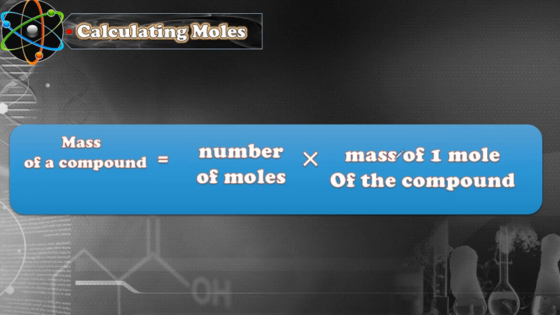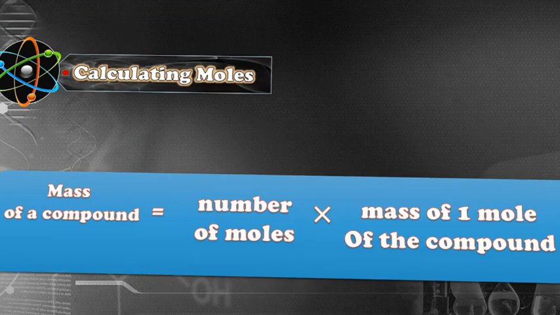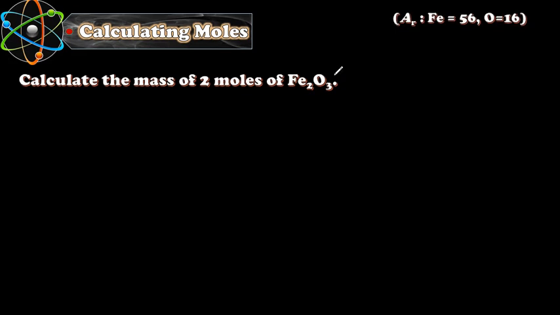Here you're going to calculate all the masses of the elements present in the compound. Here we have an example. In the first one we have 1 element only, magnesium or iron, but here we're going to have iron oxide. So this is a compound.